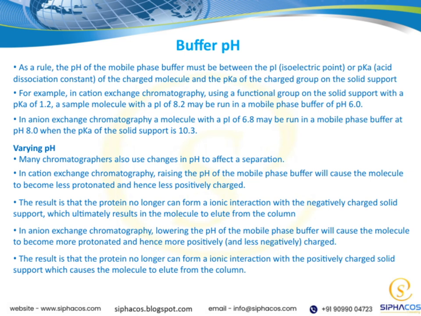Conversely, in anion exchange chromatography, lowering the pH makes molecules more protonated and positively charged. This increase in positive charge weakens their ionic interaction with the positively charged support, causing them to elute as well. These pH adjustments are powerful tools to fine-tune your separation process and improve resolution.